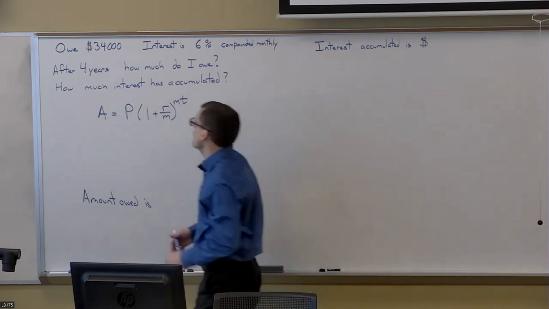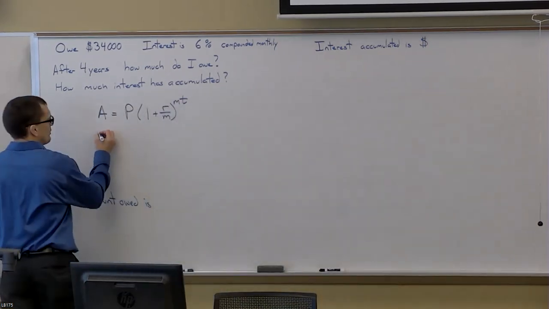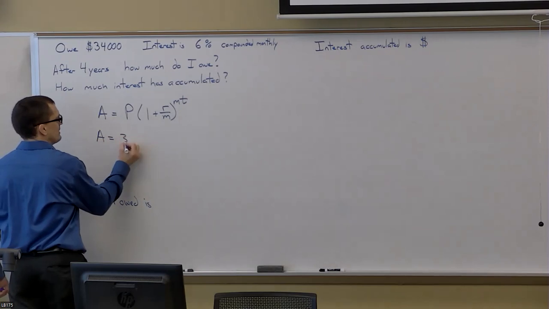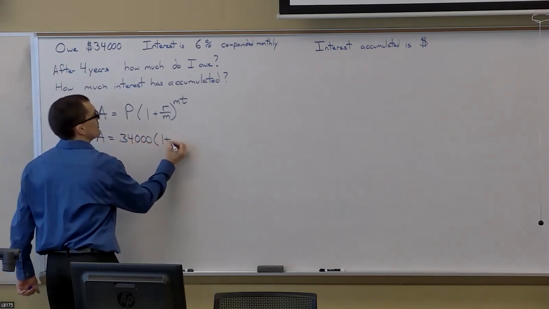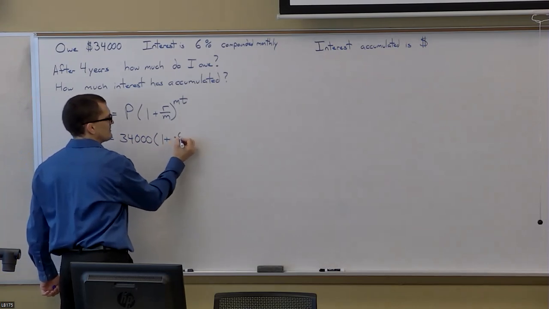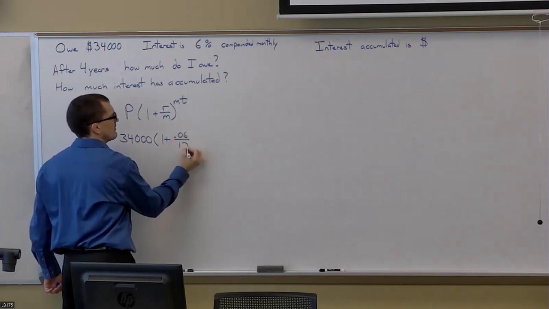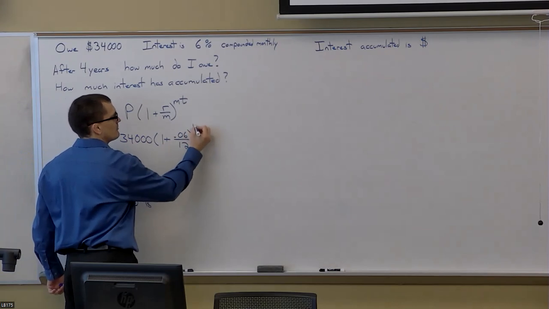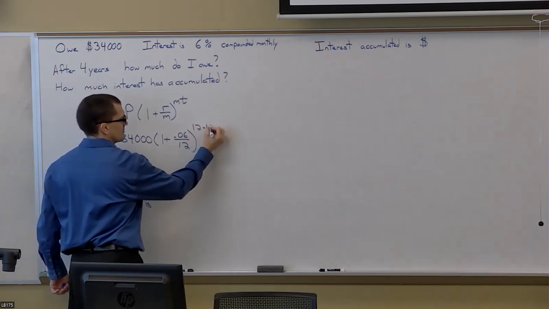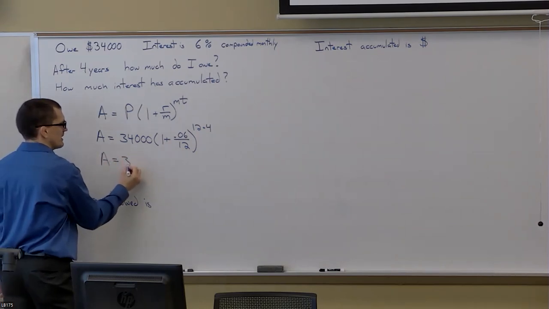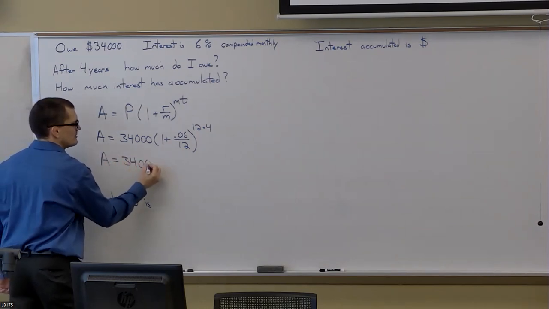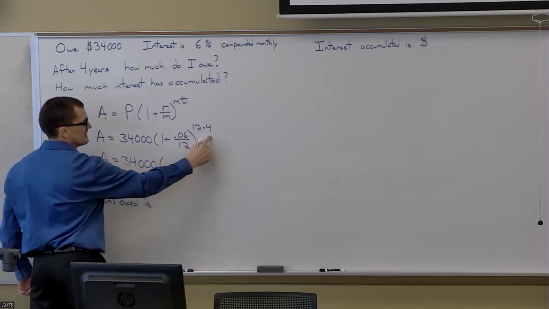So we owe $34,000. That's my principal in this equation. We're going to do 6% interest monthly, so the M is 12 for 4 years. That means when I type this into my calculator, since it's 4 years, the T is just 4.